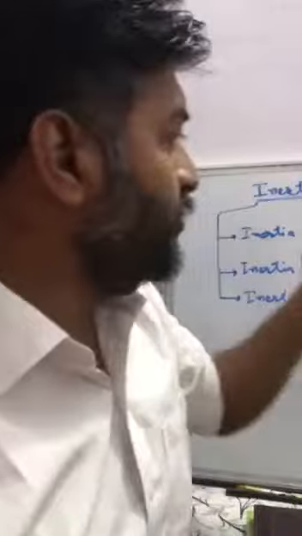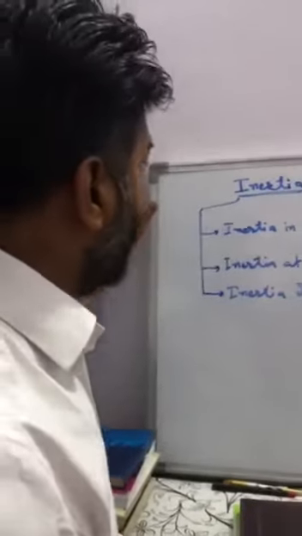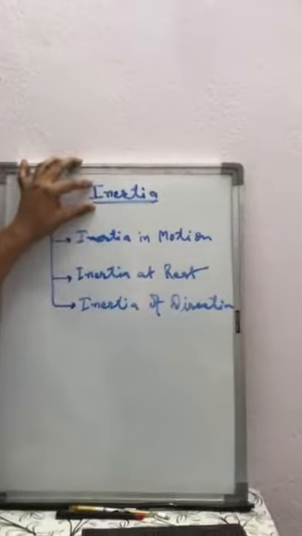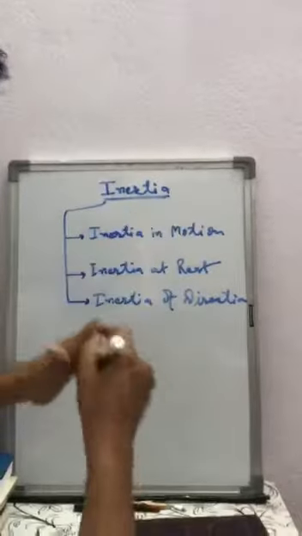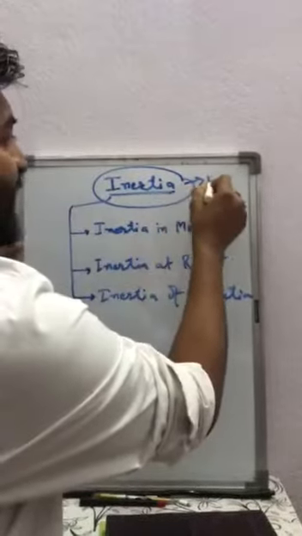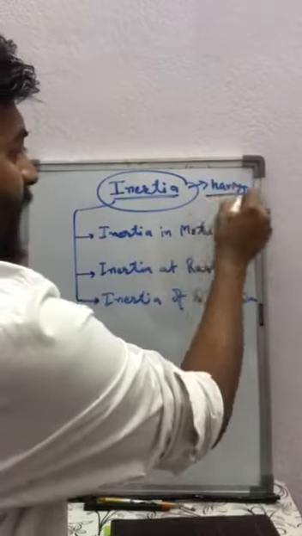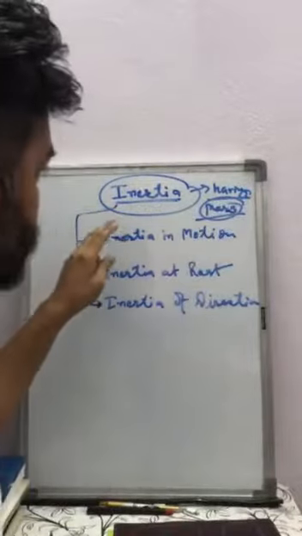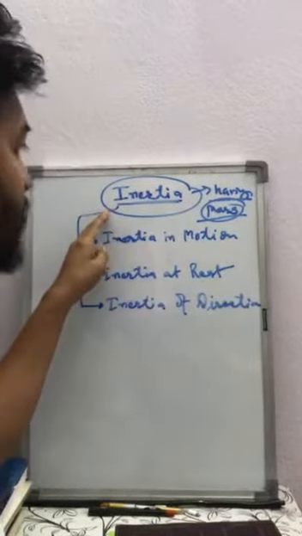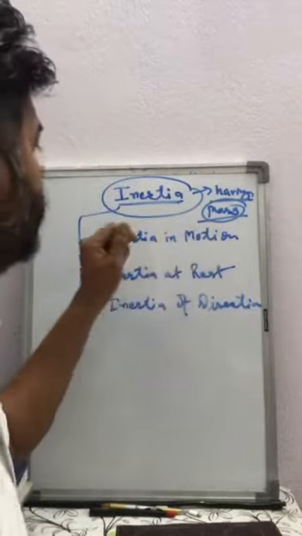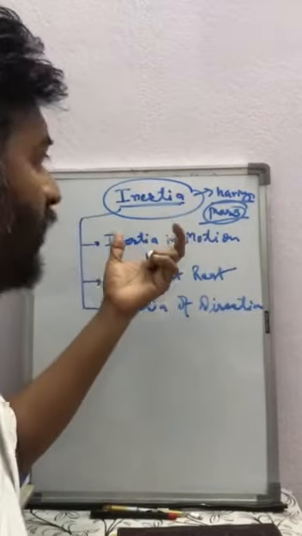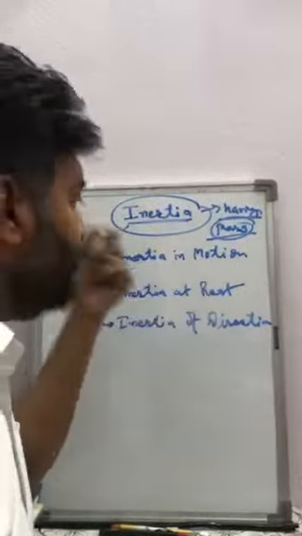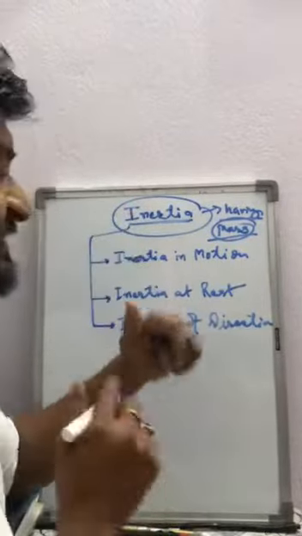Now let's see on the board. First, inertia is just a property of a body having mass. So Galileo told that all massive bodies in this universe have a specific property due to which they maintain their state.